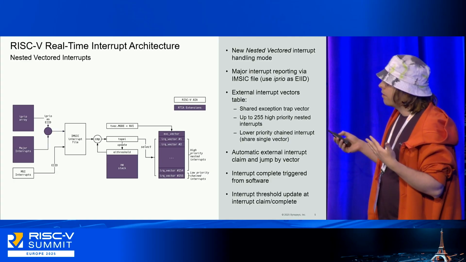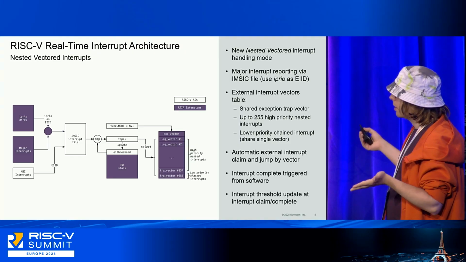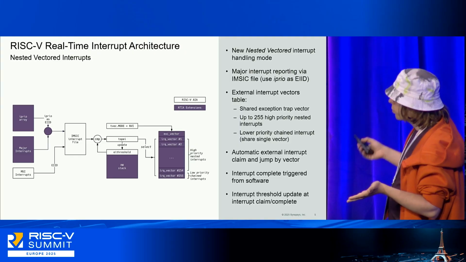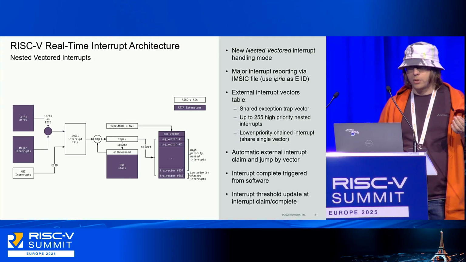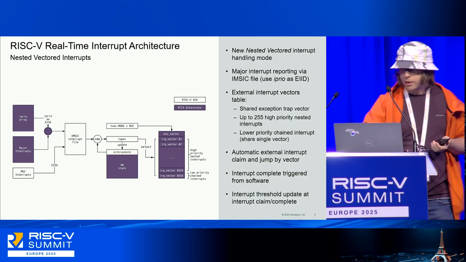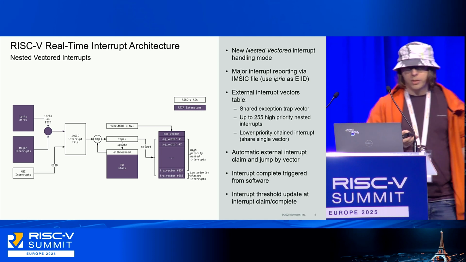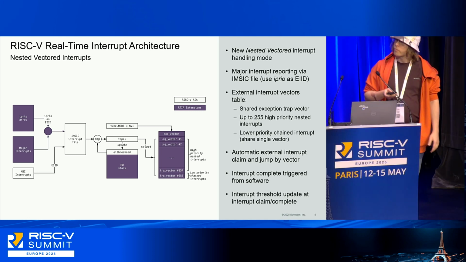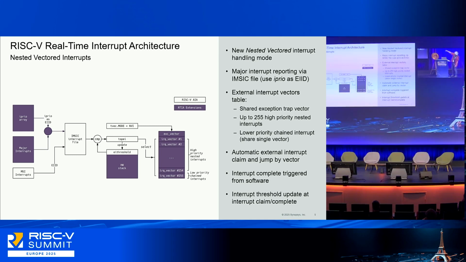We have a multi-level interrupt hierarchy with major local interrupts and external interrupts. So we need somehow to align them. And we can do it by reporting major interrupts via the IMSIC file. It's shown here.